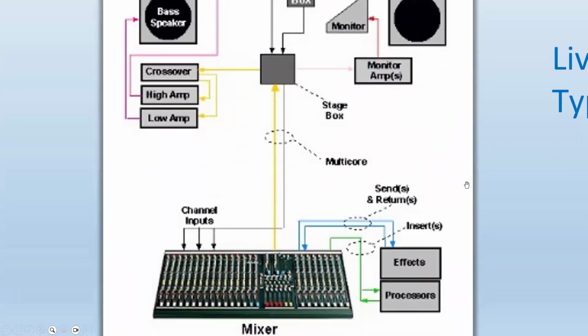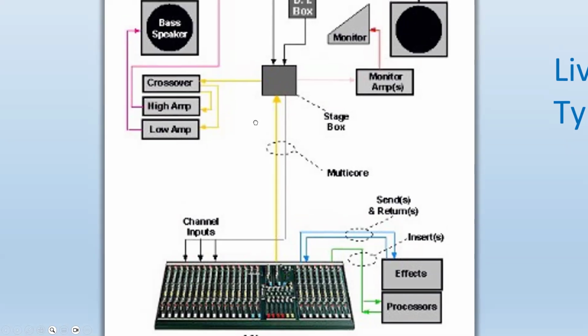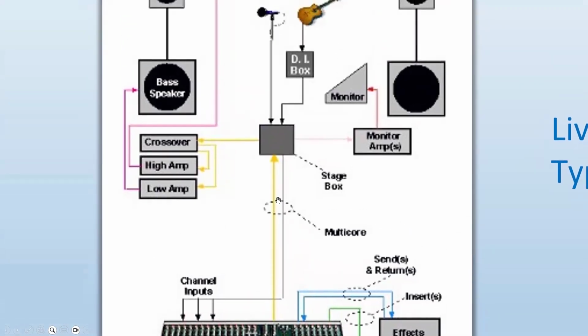Now, in both systems, digital and analog, you're going to have a mixing board at the front of the house with a connecting link that connects the mixing board to, over here, what's called a stage box.